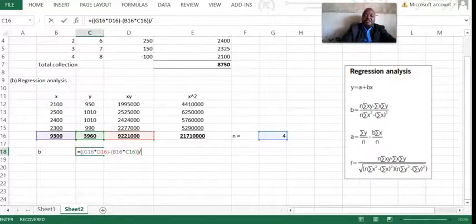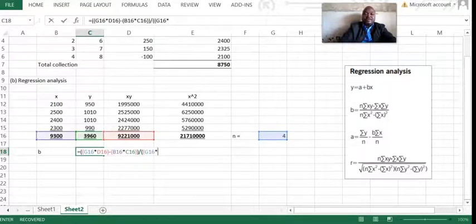Okay. All divided by N summation of x. So let us open brackets there. N, that's 4. All right. Can use this manual 4, or you can as well use this one. Multiply by summation of x squared.